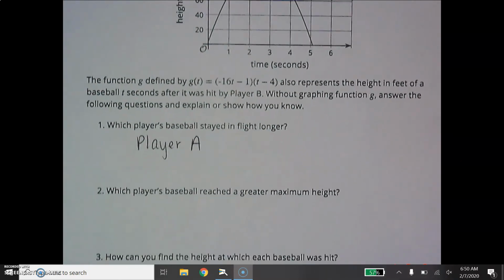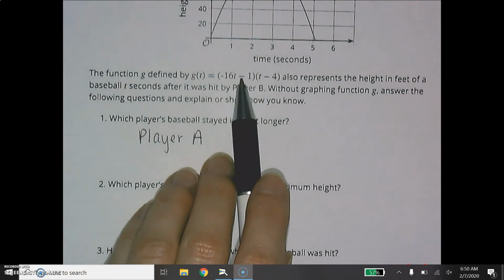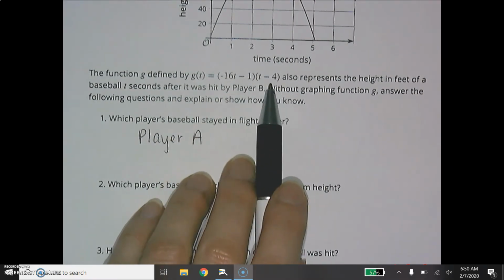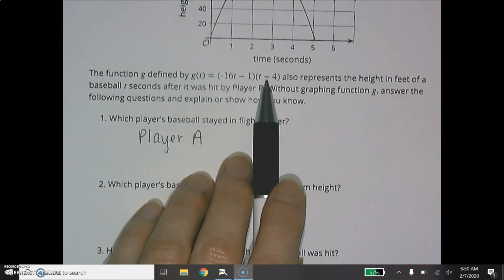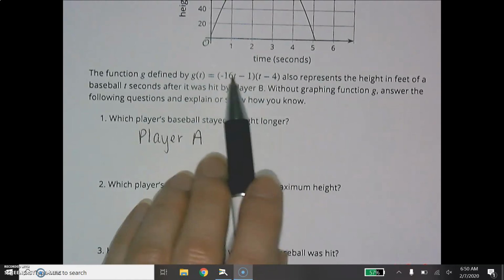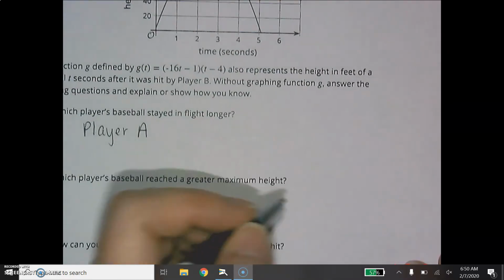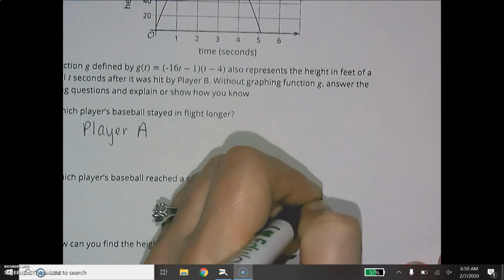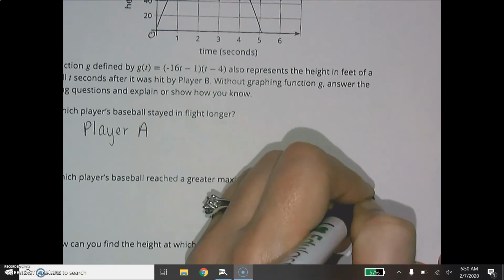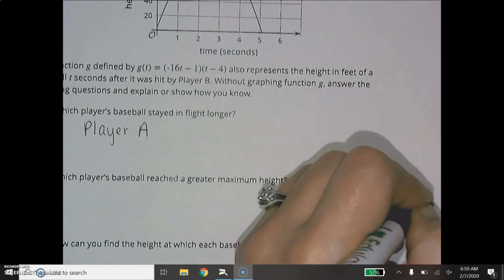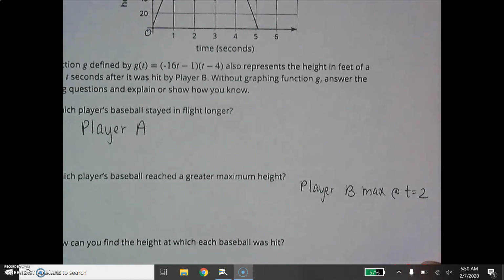If we know that player B had zeros at approximately 0 and 4, then the vertex of that would be halfway in between it. So for player B, so I'll do some work over here. So player B, the max is at t equals 2. So at 2 seconds, okay, their ball would be at the maximum.